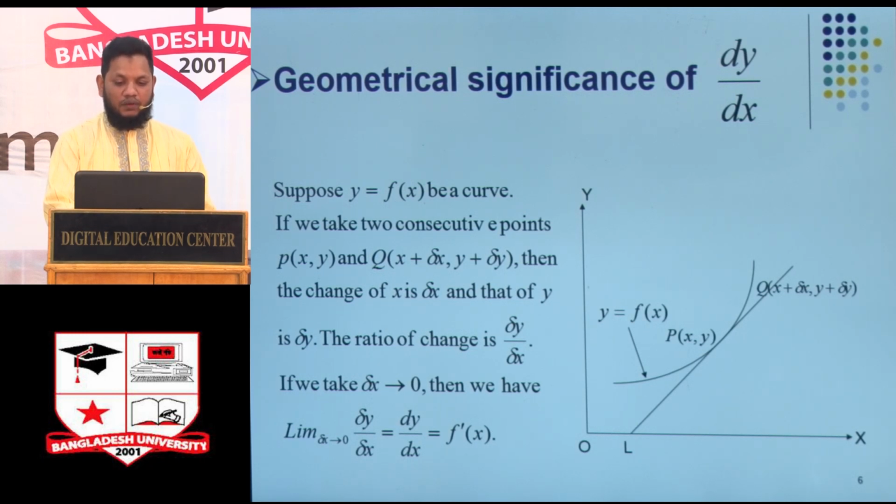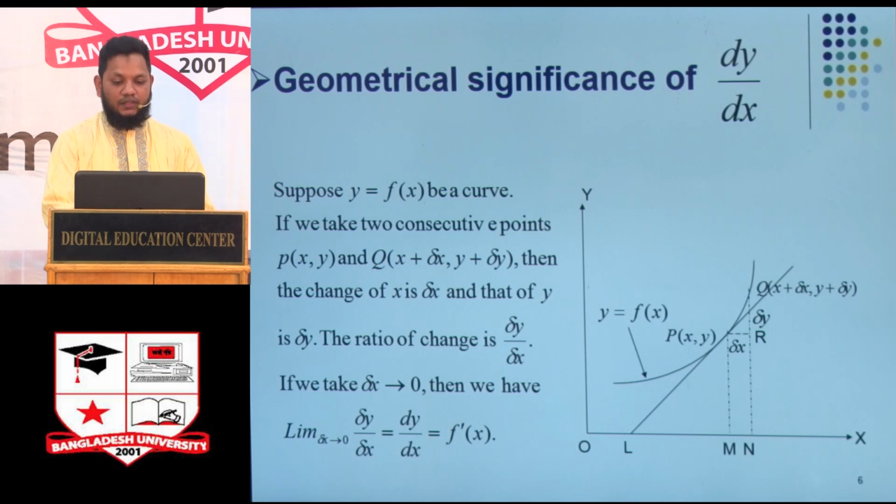Now we draw a tangent at the point P, a perpendicular PM on the x-axis, and another perpendicular from Q to the x-axis, QN. The change of x is delta x, and the change of y is delta y here. And the ratio of change is delta y divided by delta x.